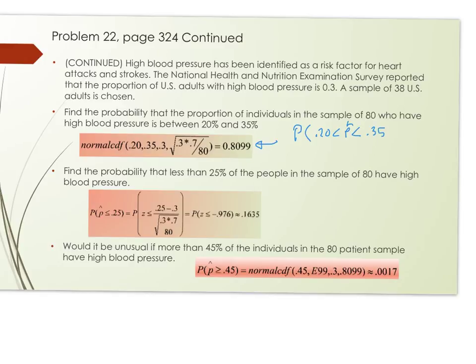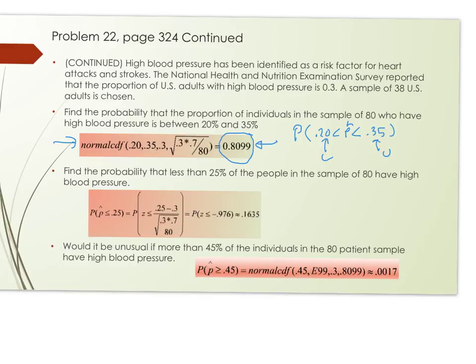So we have an upper bound and a lower bound. When we put it into our calculator, we get 0.8099. So in this particular case, about 81% of samples of 80 will have between 20% and 35% of people with high blood pressure.